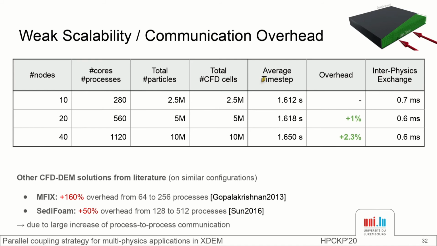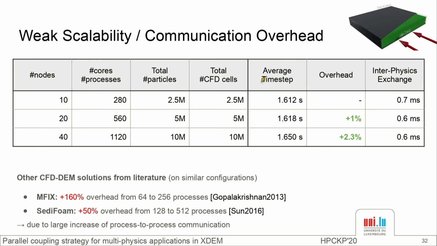And what we measure here is that the overhead is very low. When we double the number of cores, we have plus 1% of overhead, and when we go from 10 nodes to 40 nodes, we have 2.3% of overhead.